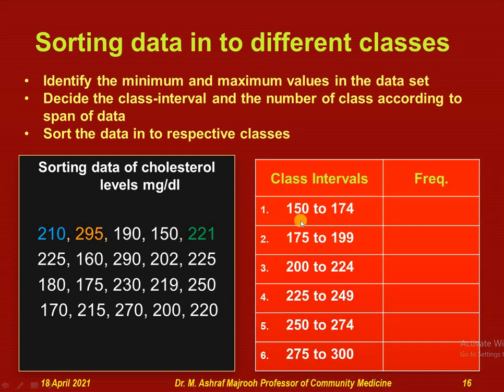These are the class intervals, and 25 milligram per deciliter is the class width, and these are the 6 classes out of the span of this data. Here we can note the frequency.